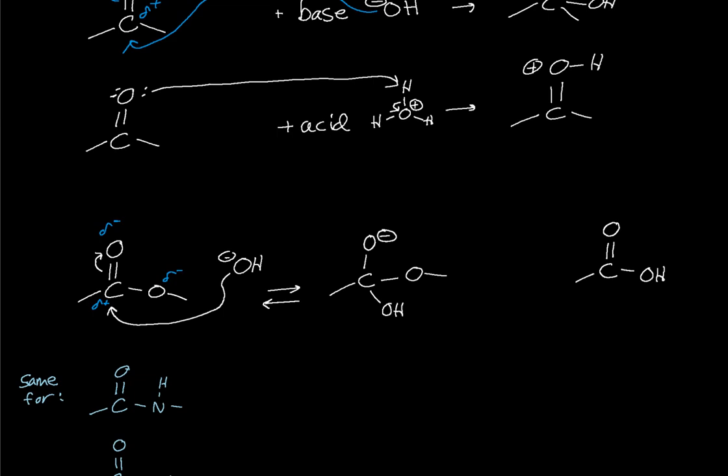So you can draw the arrows for the reverse reaction like this, and it gets you straight back to where you started. So I'll get rid of those for now. However, it can proceed, and this is probably what it does more normally, by these electrons coming down and displacing this group as a leaving group.